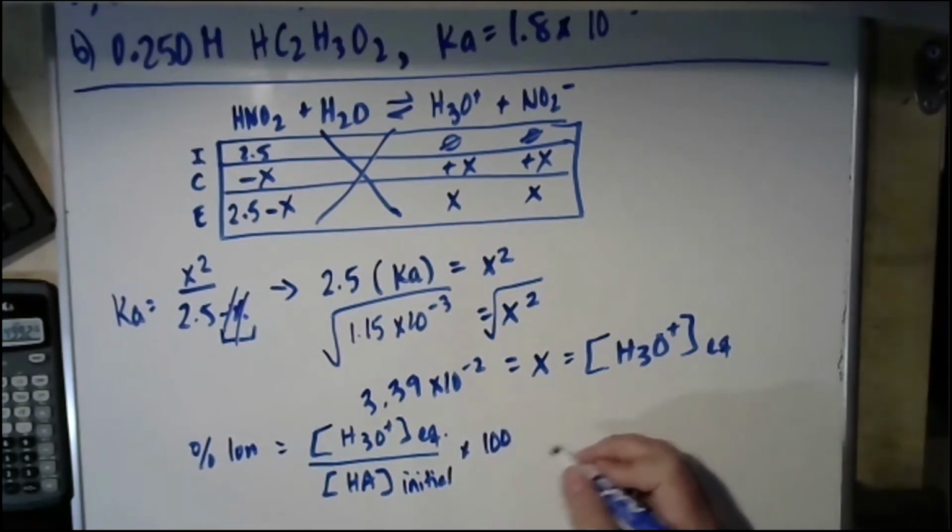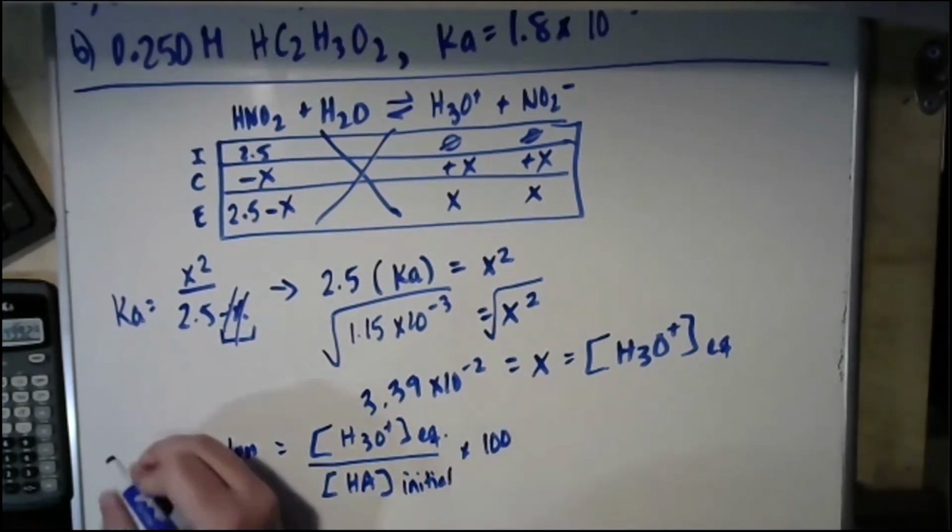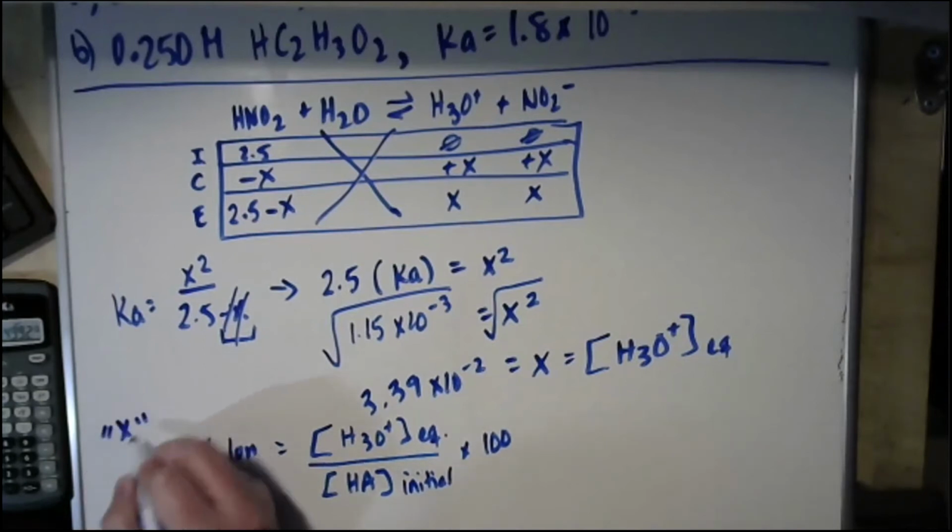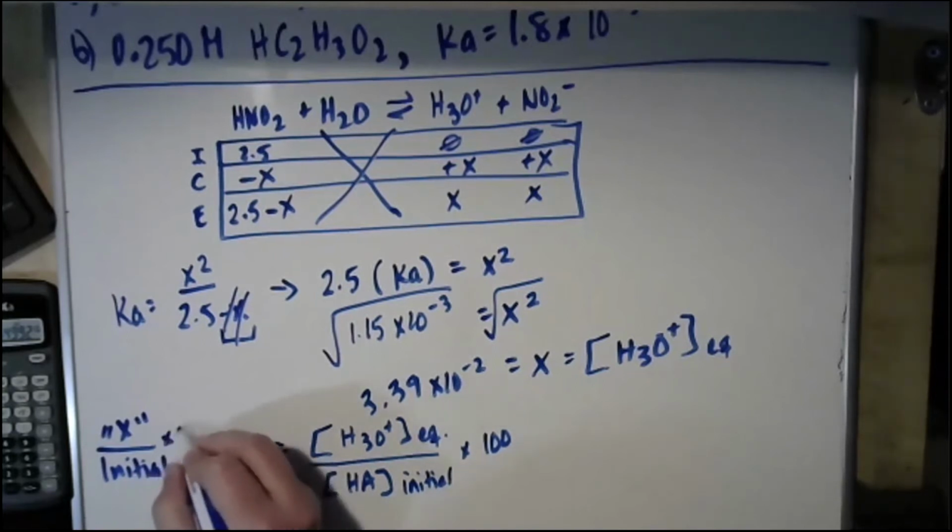So again, all that breaks down to is your x value divided by your initial value times 100.